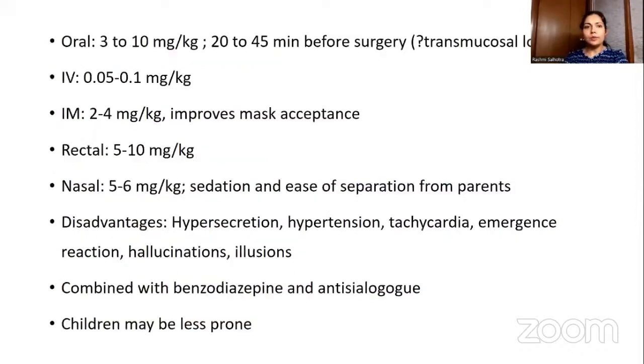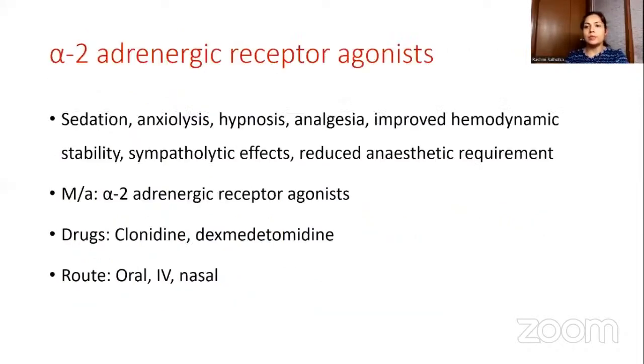It can be given through practically any of the routes described, and the dosage can vary depending upon the route used. But major disadvantages are hypersecretion, hypertension, tachycardia, emergence reaction, hallucinations, and illusions. However, children seem to be less prone to this effect, and to lessen these effects, it can be combined with benzodiazepines and antipsychotics.